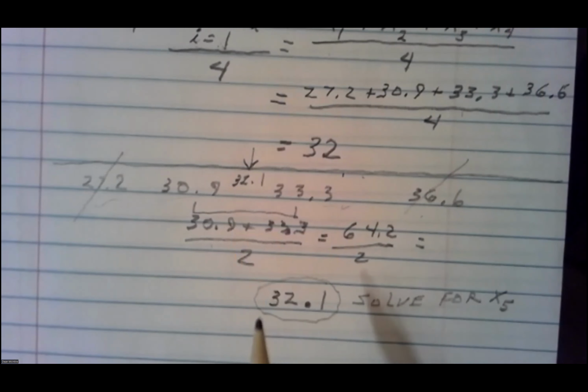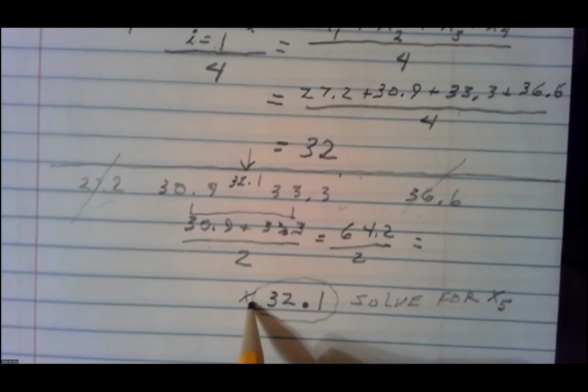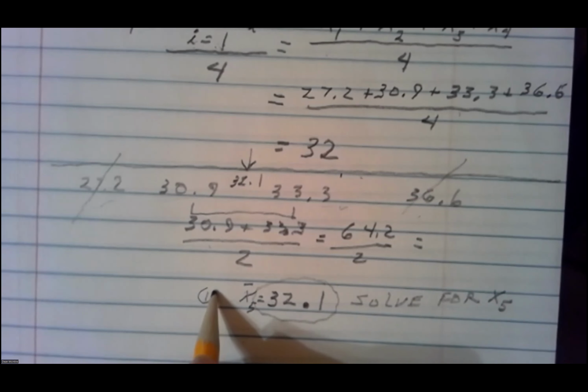Also, if you let x bar sub 5 equal to that and solve for that, the resulting raw data set will be a data set which has zero skew, where the mean is equal to the median. Also, that's one situation.